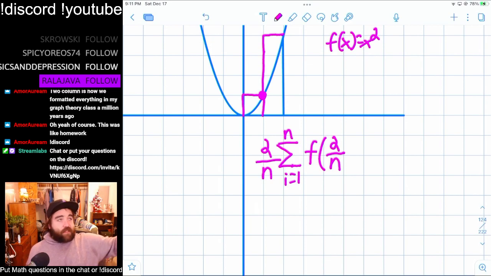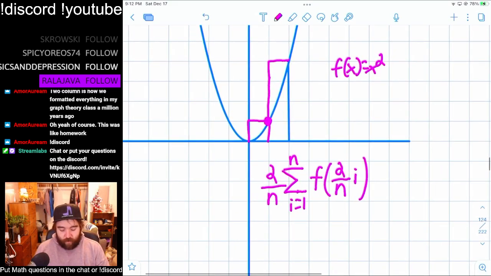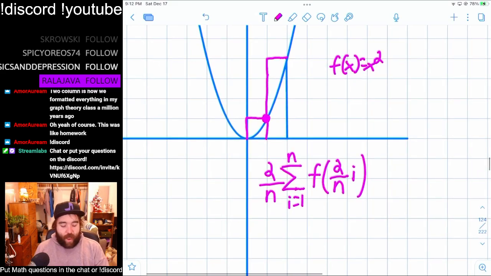But then for each rectangle, we're going over one more width, so we're multiplying that by i. Because when i equals 2, for the second rectangle, we're adding 2 widths. In this case, when n equals 2 and i equals 2, that should be 2 times 2 divided by 2. That should be 2, as we're plugging in 2, which makes sense because that's what's right here.